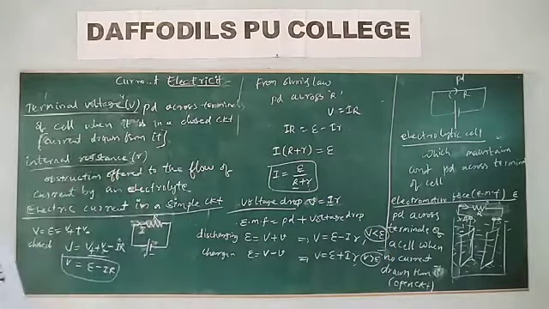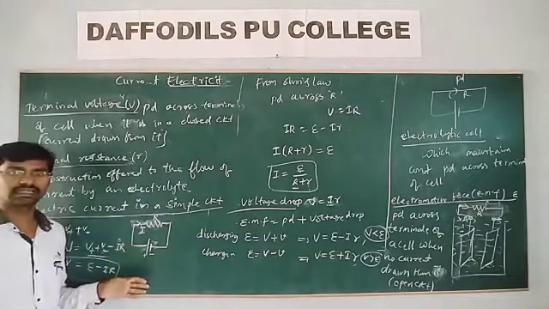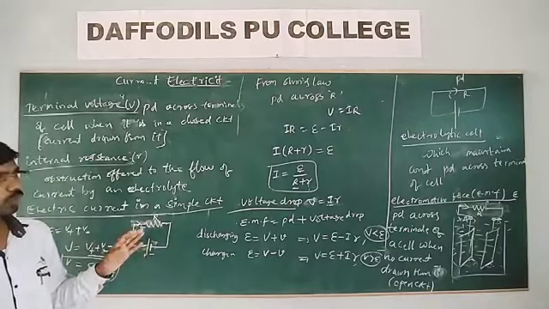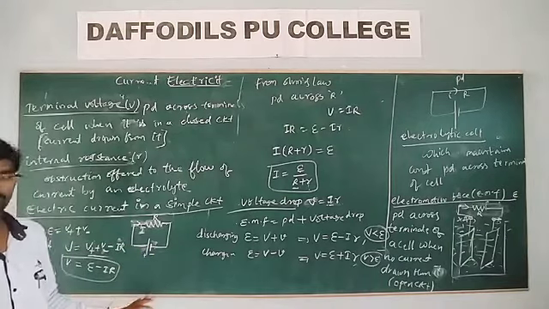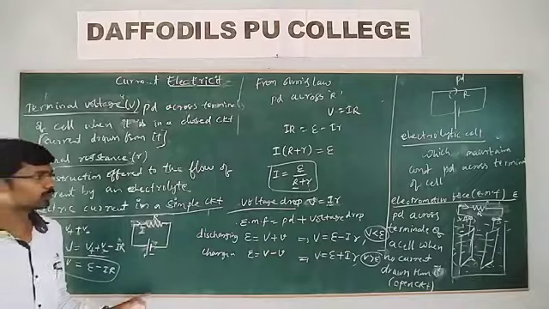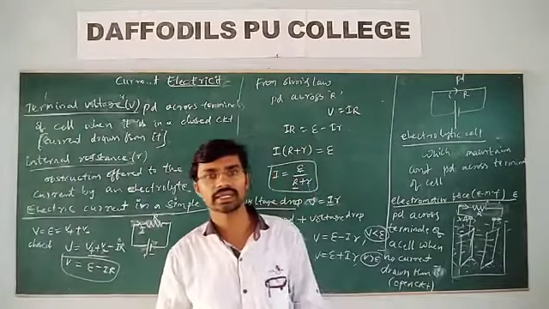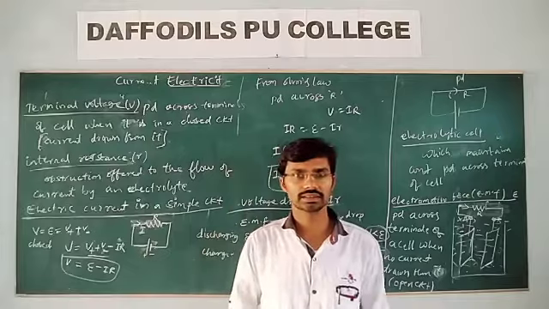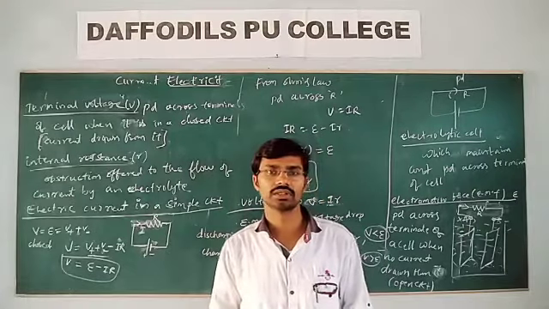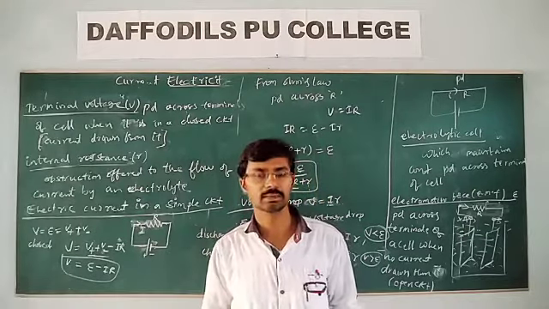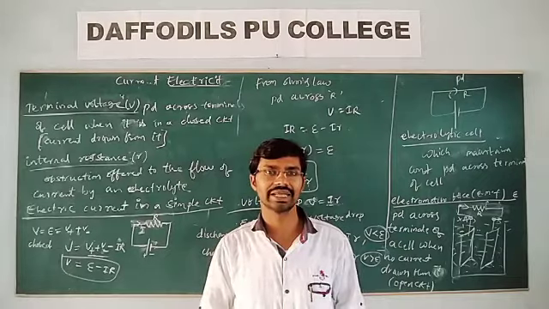These are the things we have to understand: what is EMF, what is internal resistance, what is terminal voltage, what is voltage drop. I hope you understood. So listen properly, try to understand and practice till you get this concept. And we will discuss the combination of resistors in the next class.